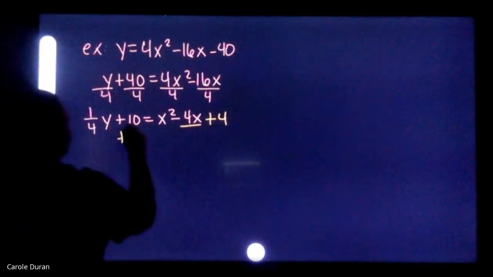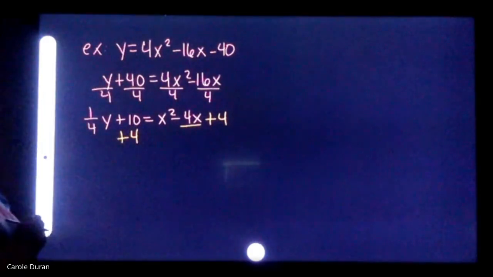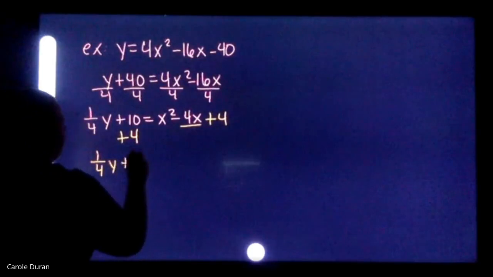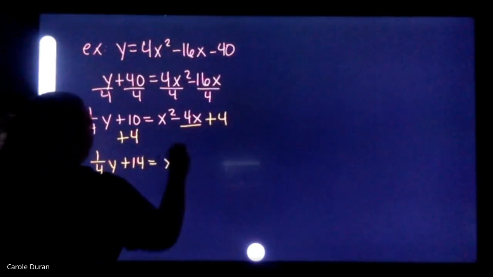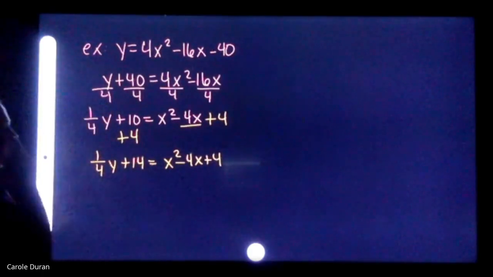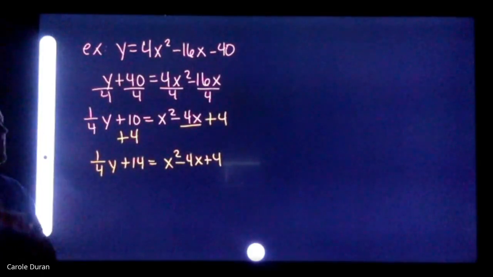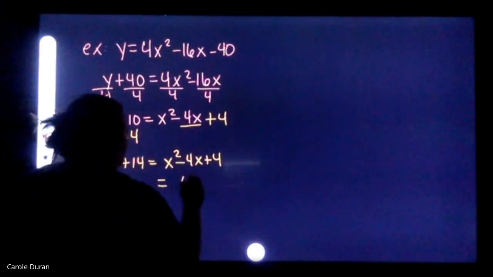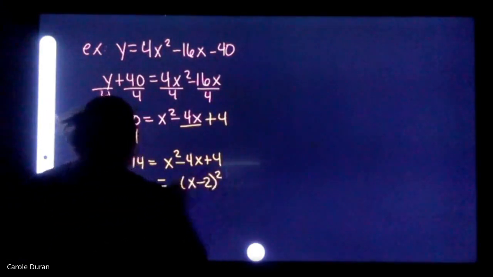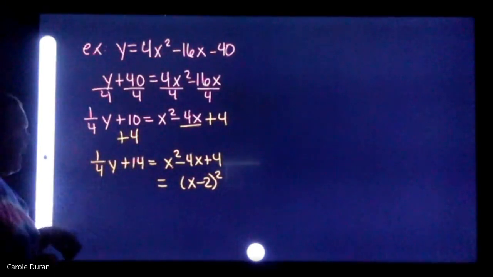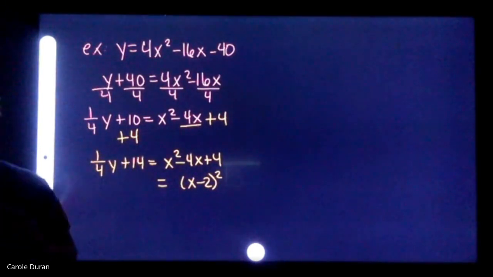What I do to one side, I also have to do to the other side, which leaves me with 1/4 y plus 14 equals x squared minus 4x plus 4. I can factor that right-hand side into (x minus 2) times (x minus 2), which is the same as (x minus 2) squared. On the left-hand side, I have the 1/4 y and the 14.